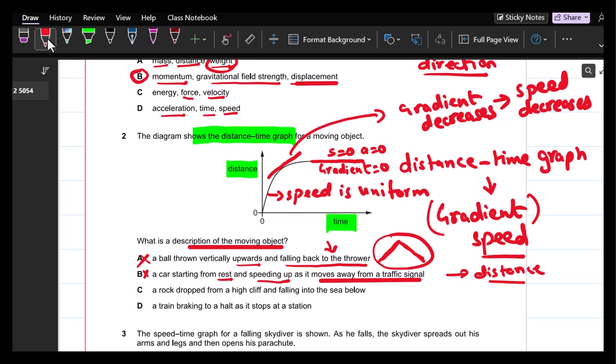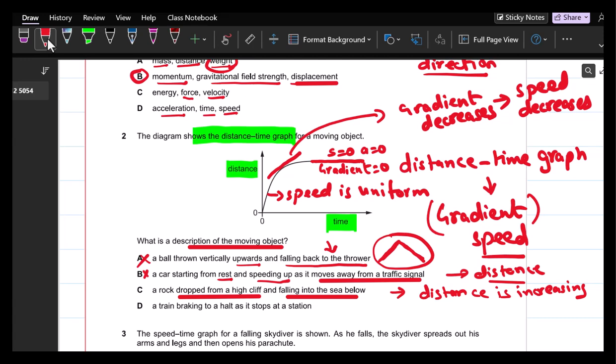C option is saying a rock dropped from a high cliff and falling into the sea below. So here distance is increasing, and speed will also increase because the rock is dropped from a height.